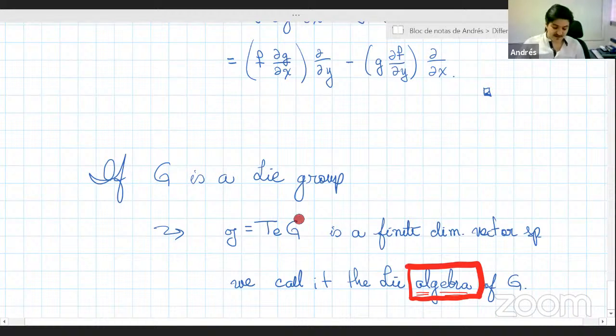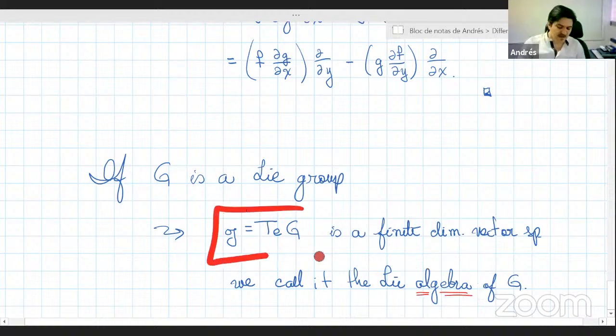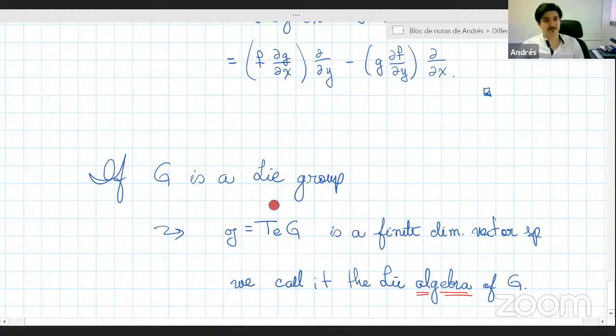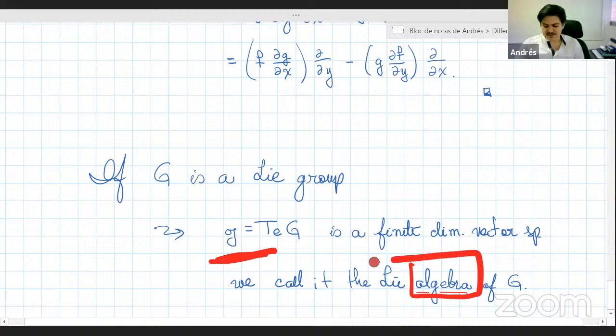So far, the only algebraic structure that we have is the one of a vector space over the reals. We have no product. We need to define the product of two vector fields to justify this name of algebra. Okay?